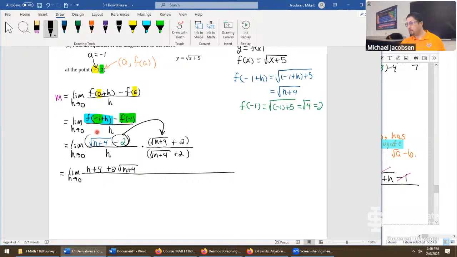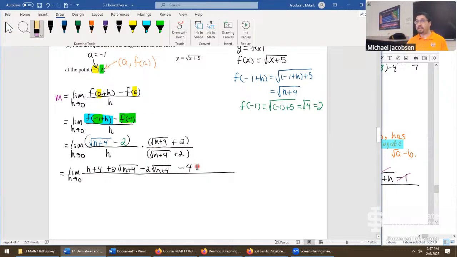Multiplies here first, so minus 2 root h plus 4. Really, we're just putting the coefficient right in front and multiplying this way. And then the last one, negative 2 times negative 2 gives us a negative 4. And that settles the entire numerator after FOILing out those two groups. Does that look all right to folks, visualizing that multiplication down to here?